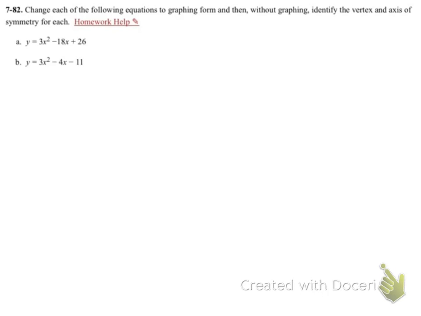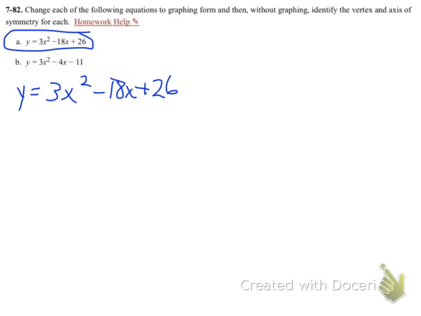Problem 82, we need to switch these equations into graphing form and then figure out some stuff once we have them in graphing form. So how we're going to switch them into graphing form is to do completing the square. If I take a look at this first equation here, I have y equals 3x squared minus 18x plus 26.